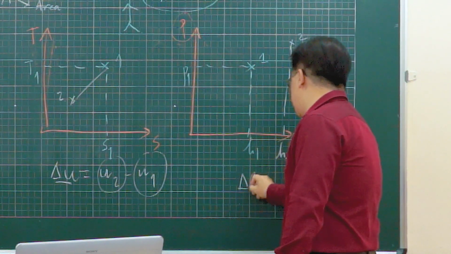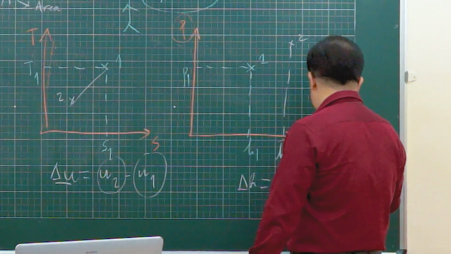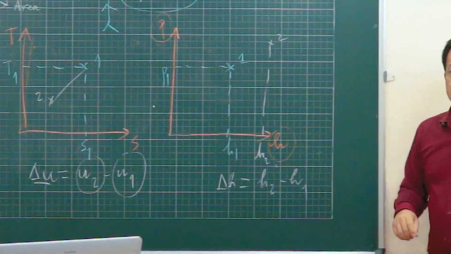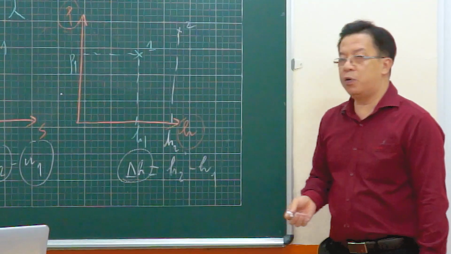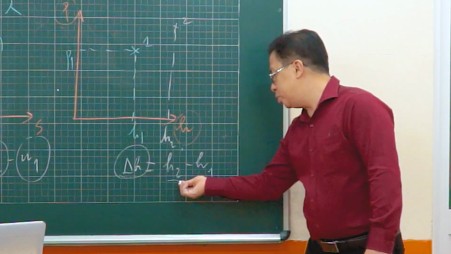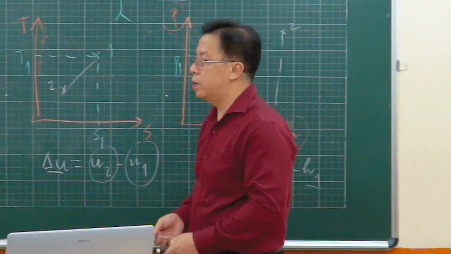So in this case, delta H equals H2 minus H1. So in thermodynamics, we only need to know the delta H. We don't need to measure the H2 and H1 themselves. Okay?